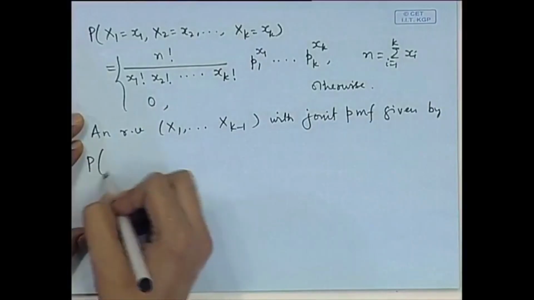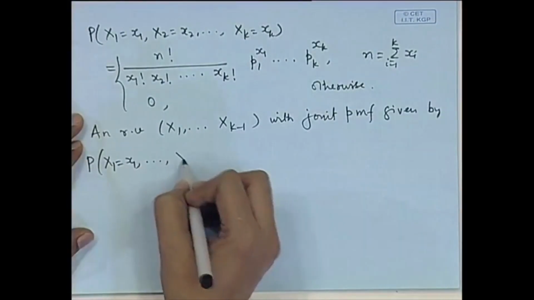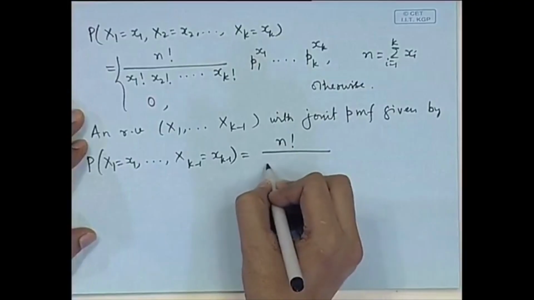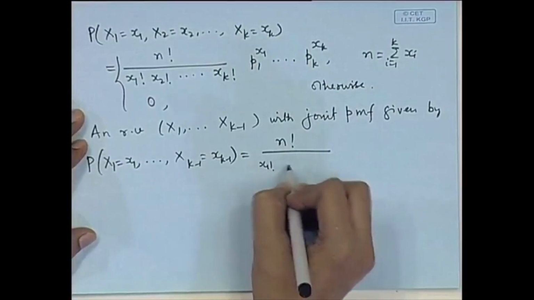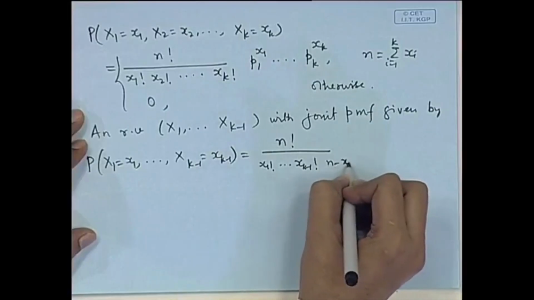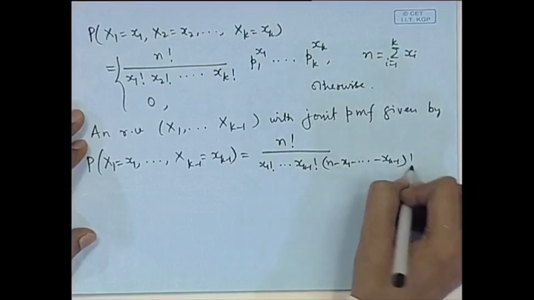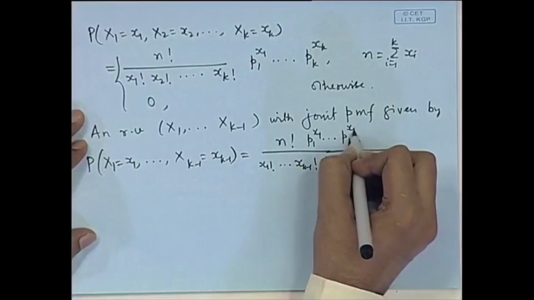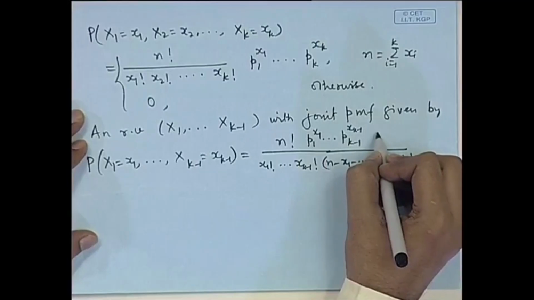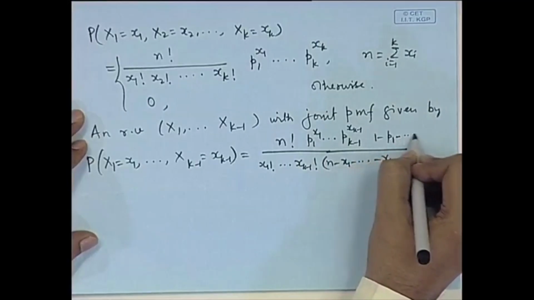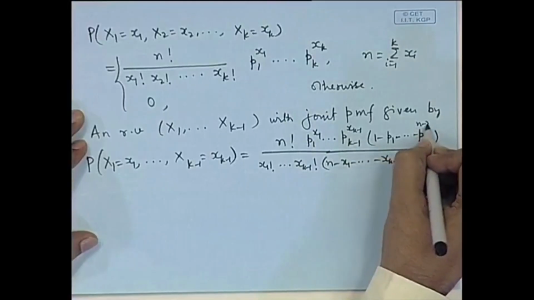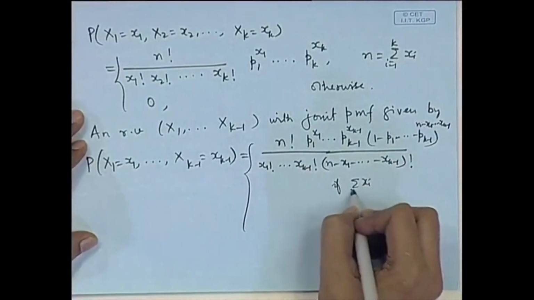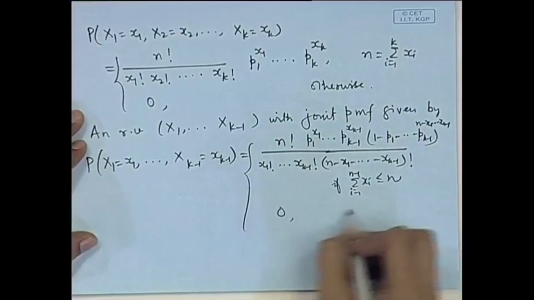So, we consider the probability of x 1 equal to x 1, x 2 equal to x 2, x k minus 1 equal to x k minus 1, that is n factorial divided by x 1 factorial, x 2 factorial, x k minus 1 factorial, n minus x 1 minus x 2 minus x k minus 1 factorial, p 1 to the power x 1 and so on, p k minus 1 to the power x k minus 1, and then 1 minus p 1 minus p 2 minus p k minus 1 to the power n minus x 1 minus x 2 minus x k minus 1, if sigma x i, i equal to 1 to k minus 1, is less than or equal to n, and 0 otherwise.